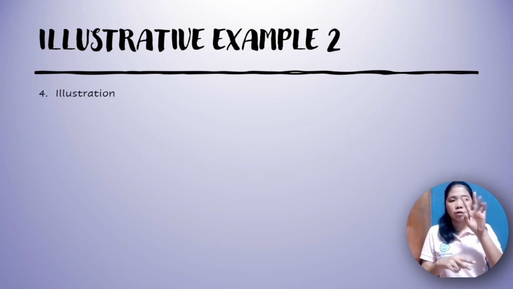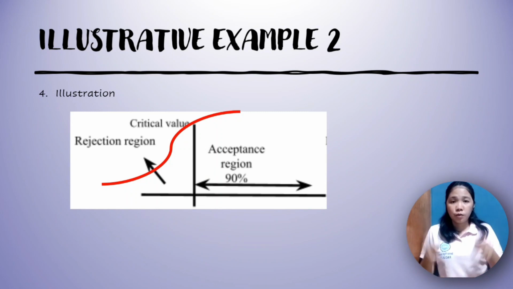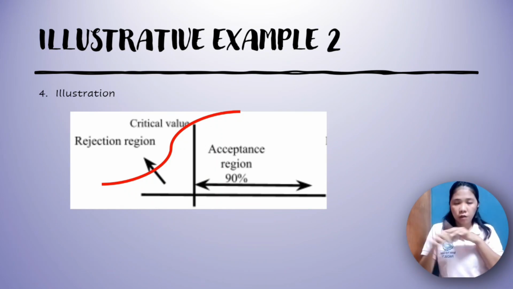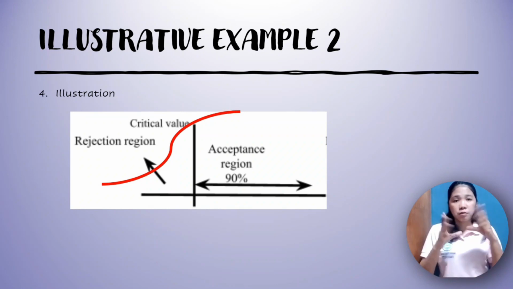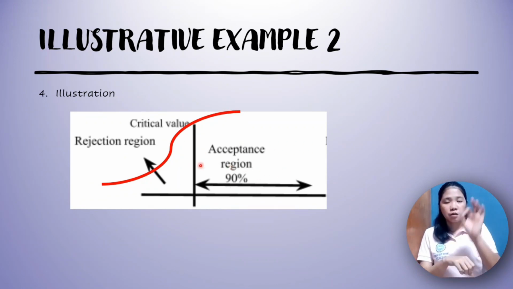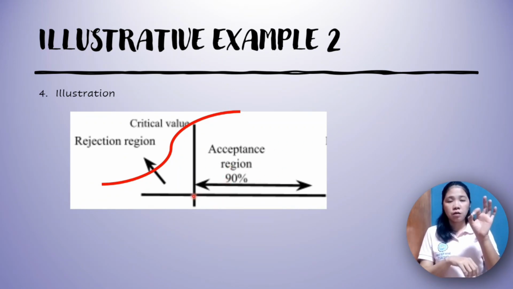Let us illustrate the given in the normal curve. So this is the illustration. Since we have a 10% level of significance, then our acceptance region will be 90%. So this is the acceptance region. Then this is the critical value.